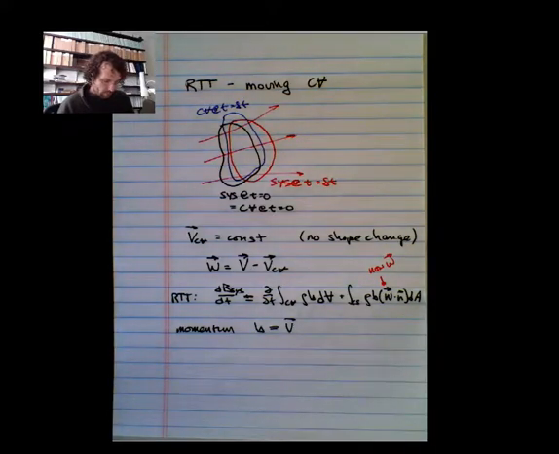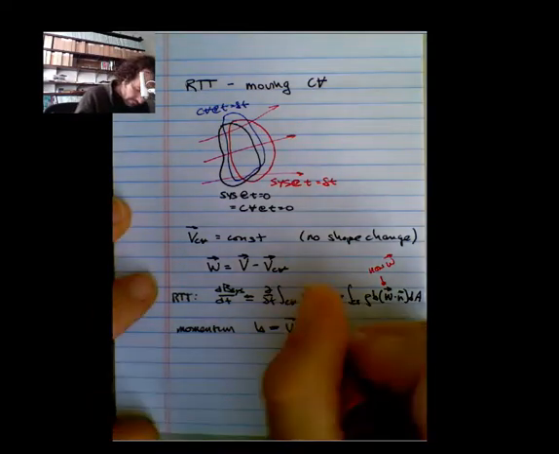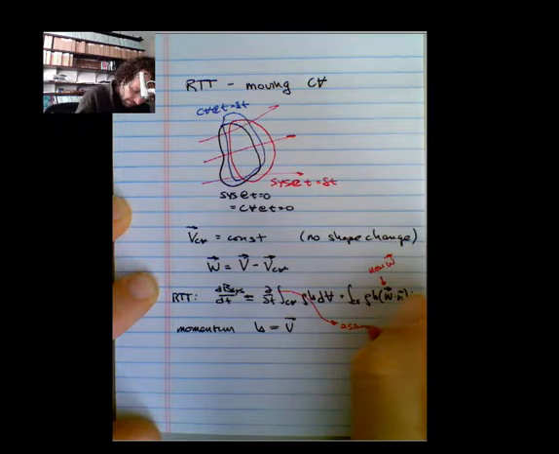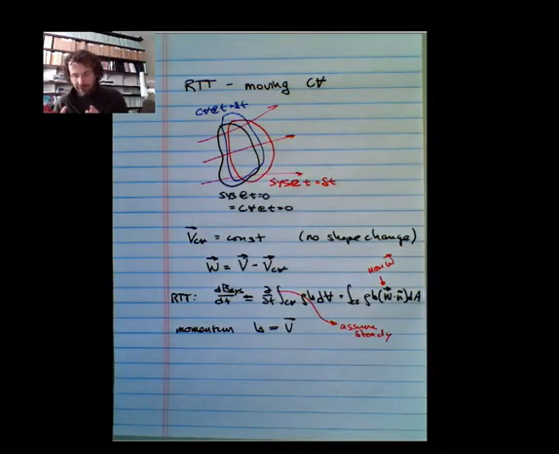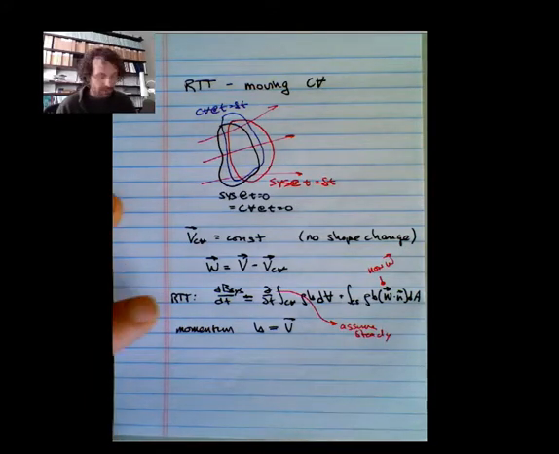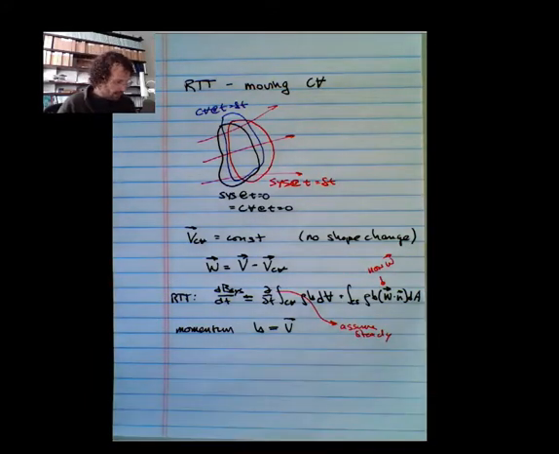And we're going to assume one other thing. We're going to assume steady. So we're steadily following the control volume in this frame. And it's not accumulating mass or momentum or any sort of B stuff inside of it. So a lot of our problems, as you know, are steady problems.